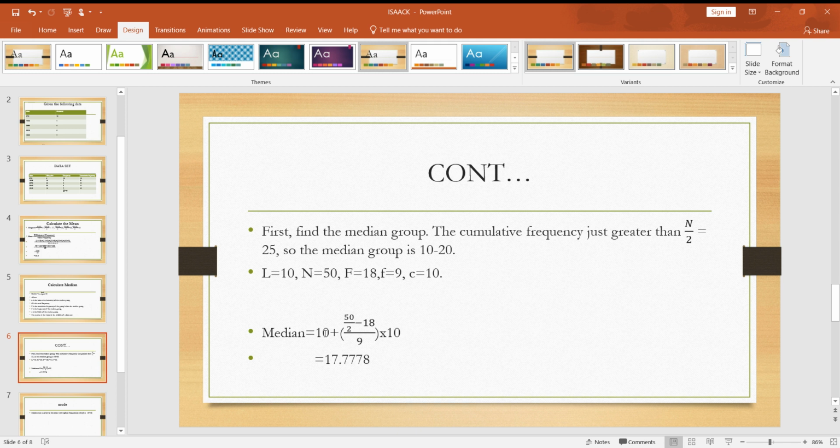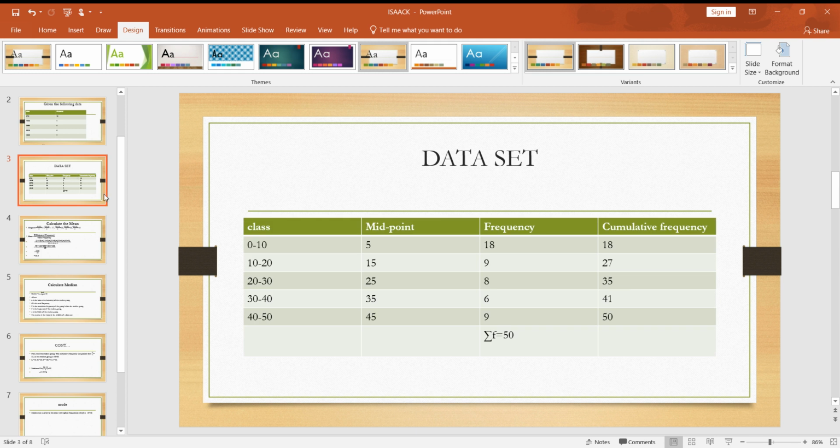Therefore, our median is equal to 10, this is the lower class boundary of the median class, since 25 lies within it.